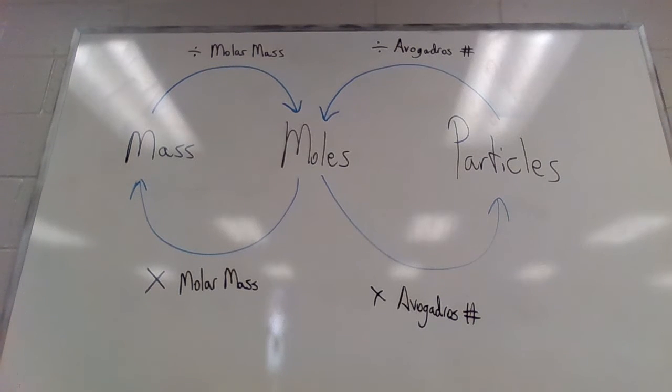If you answer in atoms or molecules, it should be a really, really big number, close to the size of Avogadro's number. Maybe a little less, maybe a lot more. But it's going to be somewhere around that kind of size number. And if you get something really small, like 100 or 500, that's not the right answer for particles. And so just thinking about the size can help you out sometimes to make sure you're in the right area.